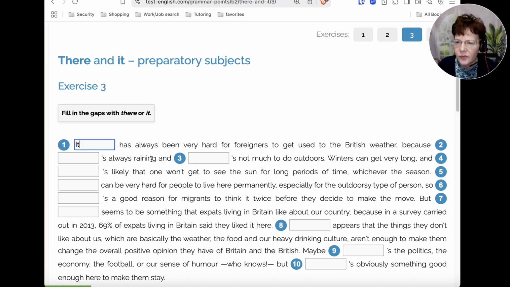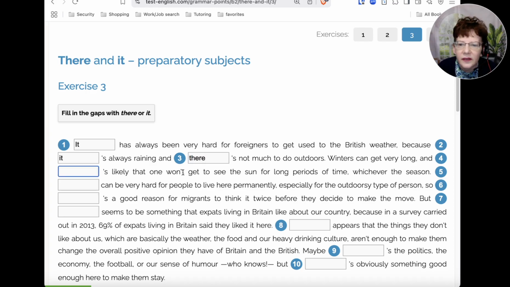Talking about weather, right? So it's. And what's not much to do outdoors? What would sound better? There's. Winters can be very long, and what's likely that one won't get to see the sun for long periods of time, whichever the season.